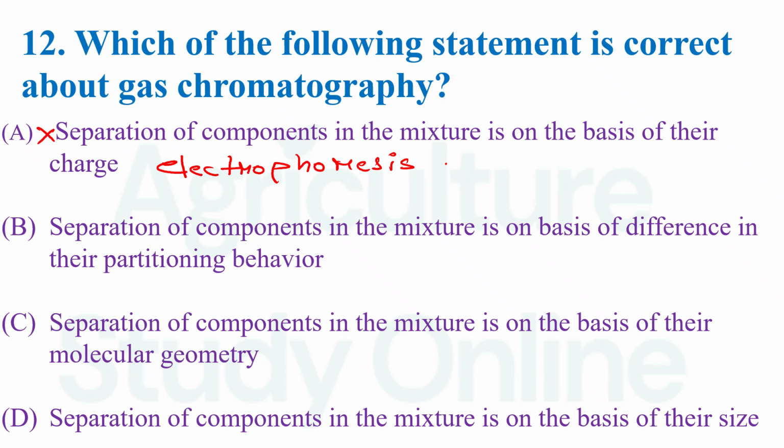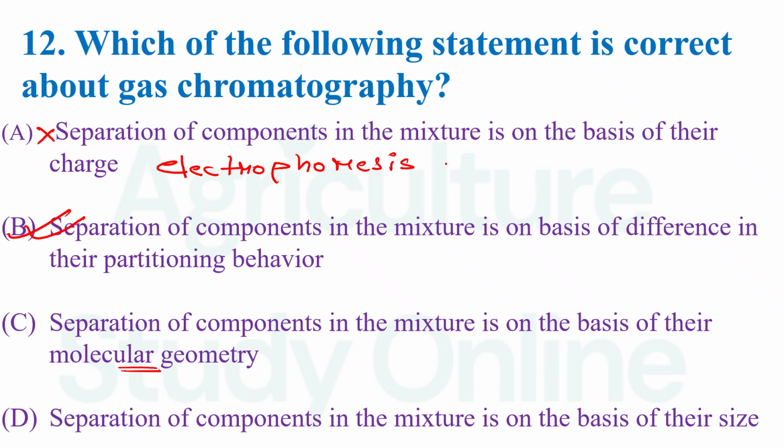So this is true, since in gas chromatography separation depends on how the components distribute between the gaseous phase and the stationary phase. Separation of components on the basis of their molecular geometry. This is not correct.